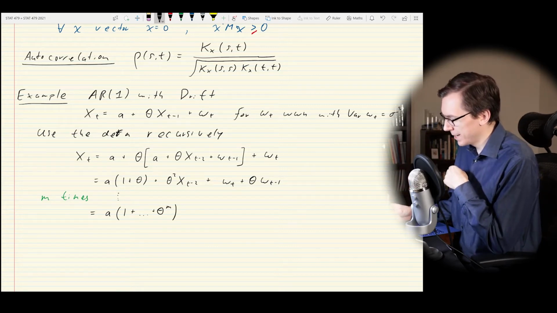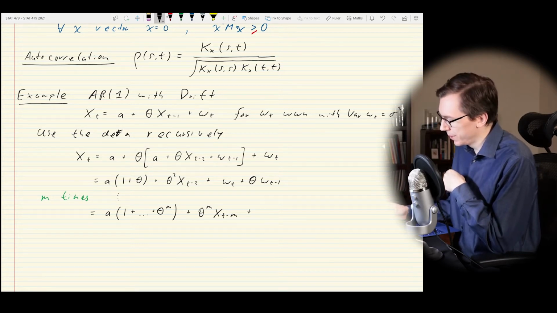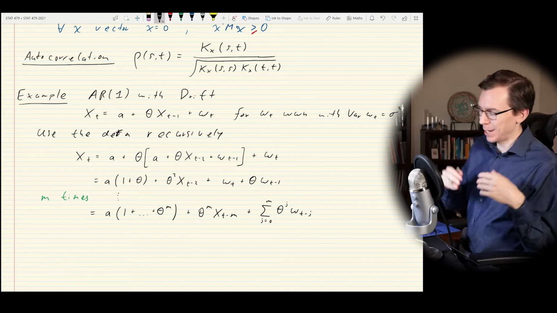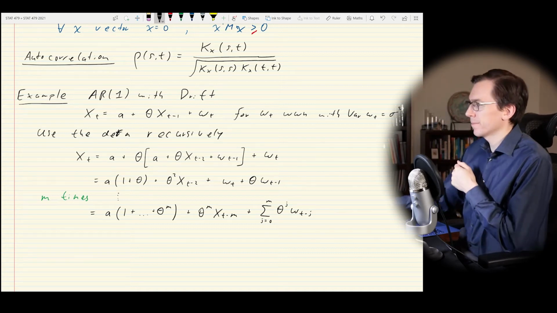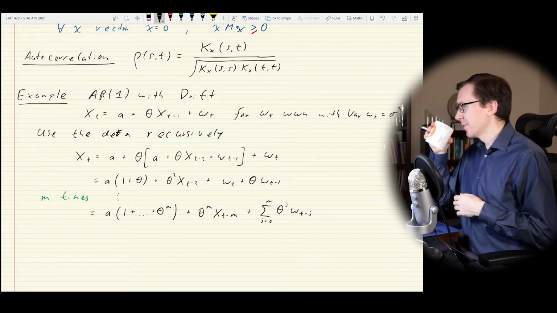The second bit is going to be just theta to the m, x_{t-m}. And then the third bit's going to be the sum of a bunch of white noise pieces. We're going to take j from 0 to m, and multiply that by theta to the j, w_{t-j}, for our sum going backwards here. All right, so where can we go from here?